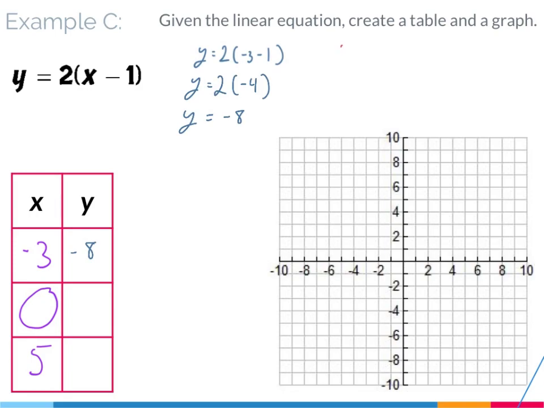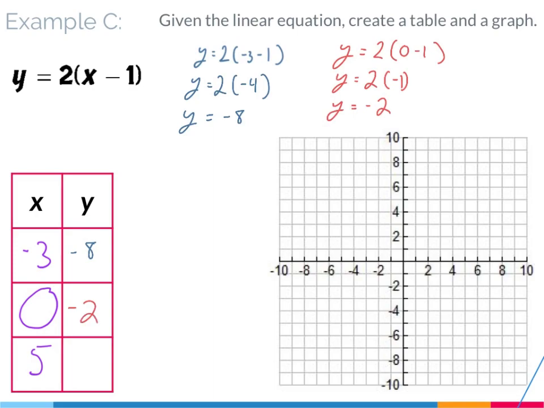Now I'm going to have to substitute in my 0. Again, I'm going to follow the same process. y equals 2, open parentheses, plug in my 0, minus 1, close parentheses. 0 minus 1, because again, we're following our order of operations, is going to be -1. So I've got 2 times -1. 2 times -1 is going to give me -2, because a negative times a positive is a negative. So -2 is my answer there.